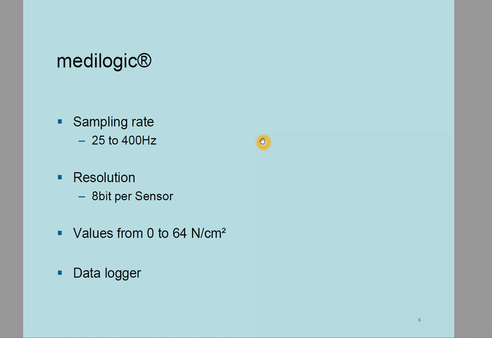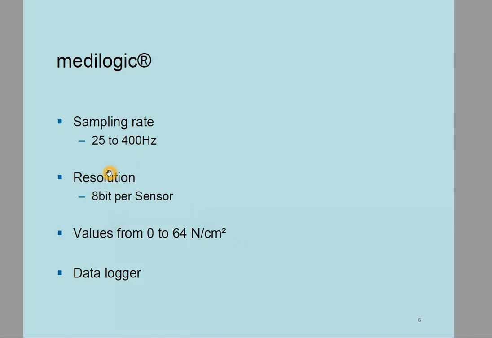The sampling rate is selectable from 25 Hz to 400 Hz, and the resolution of one sensor is 8-bit, and the measurable value ranges from 0 to 64 Newton per square centimeter. We will see later on how to convert this value for our data treatment.